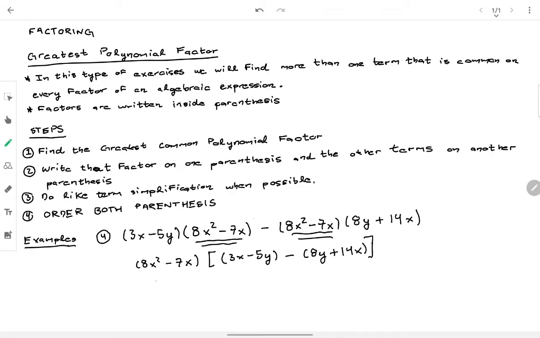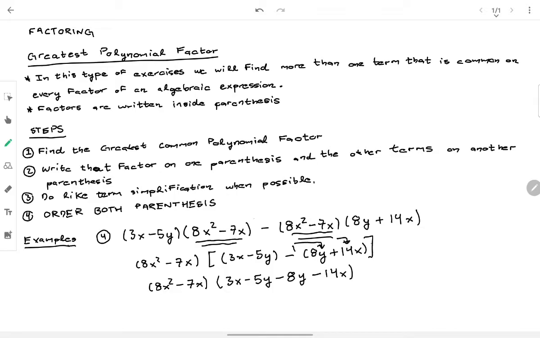So in this case, I will continue with the example. Remember, this minus sign will change the sign on both terms after the sign. So it's going to be 3x minus 5y minus 8y minus 14x.